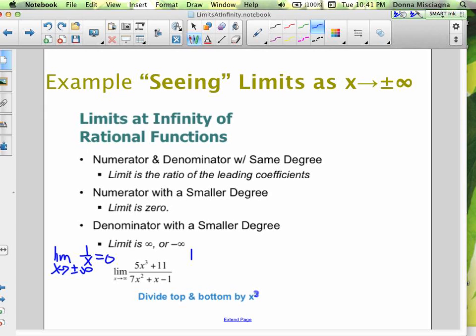So we have the limit as x approaches infinity, and we're going to divide everybody by x cubed.